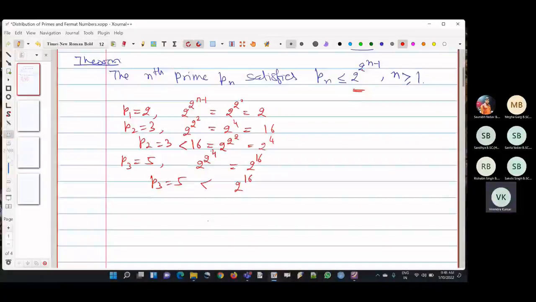So as n increases, the difference between Pn and 2 to the power 2 to the power n minus 1 widens.